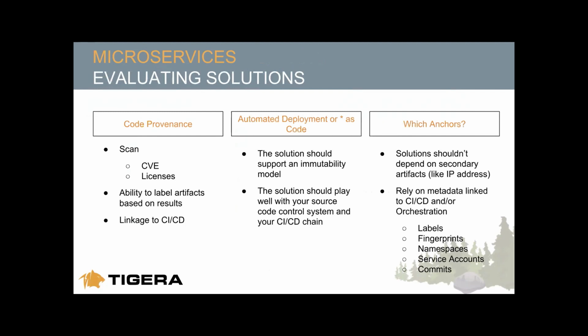So the first one we talked a little bit about was code provenance. The idea here is that the code you're deploying in your infrastructure can now come from a much wider variety of sources and is much more dynamic. Not only is code coming from your vendors or internal teams, there's lots of open source, and orchestration systems like Kubernetes that incorporate lots of open source projects as well.